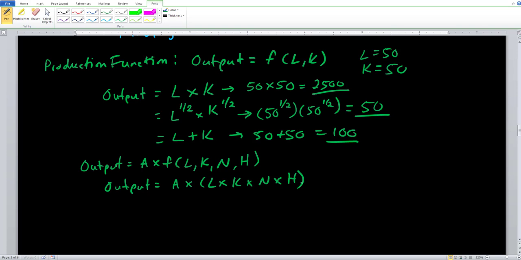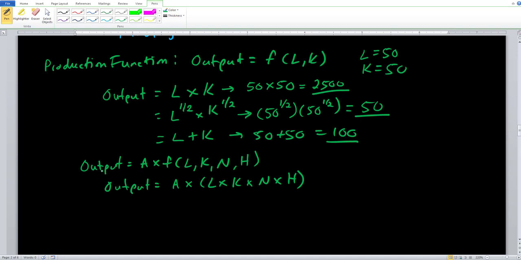And then if I give you numbers for all of these variables, all you have to simply do is insert it into this equation. We can change some of these to plus signs, we can change some to minus signs, maybe division signs as well. But the idea still holds true. All you're just doing is taking these inputs and then seeing exactly how much output can result based on a specific form of the production function.